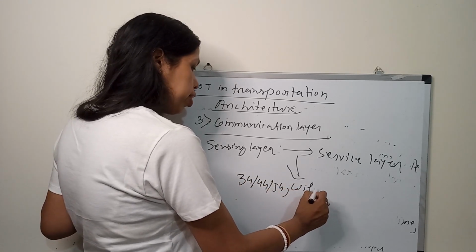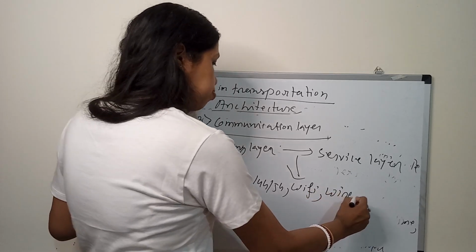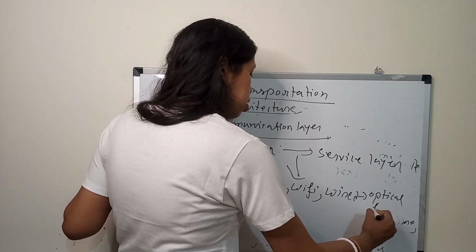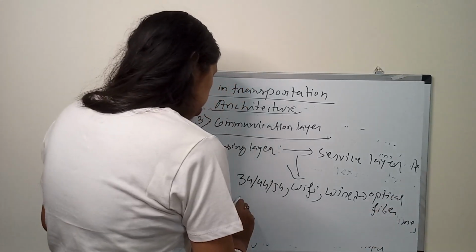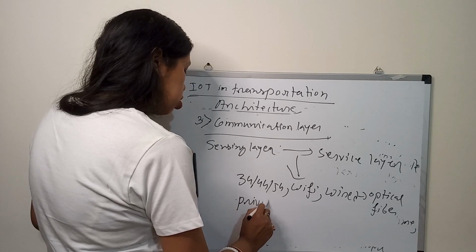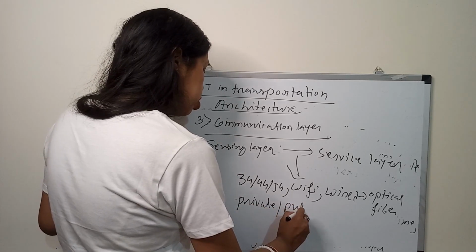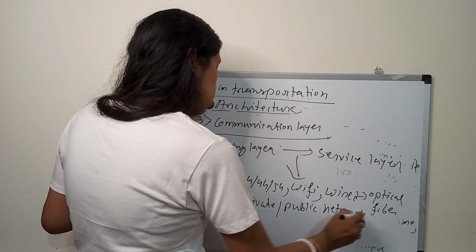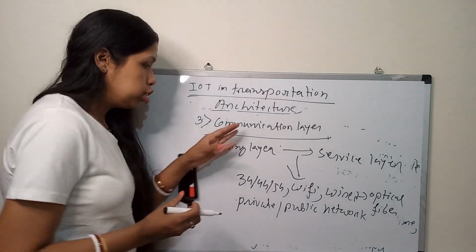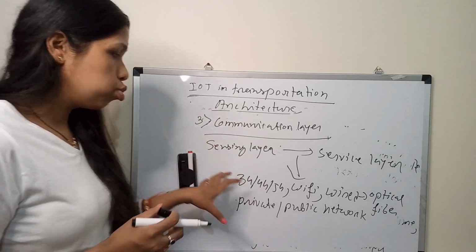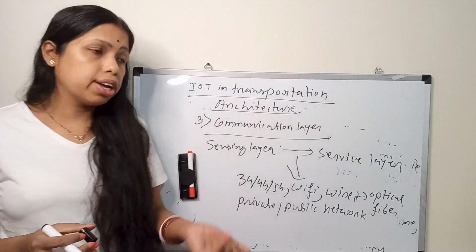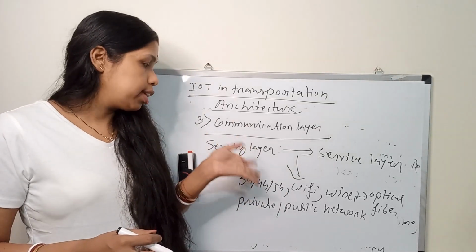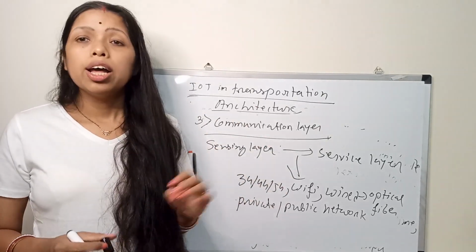It may also be private or public network. So through Wi-Fi, optical fiber, or a public or private network, we can send the data from the sensor layer to the service layer.